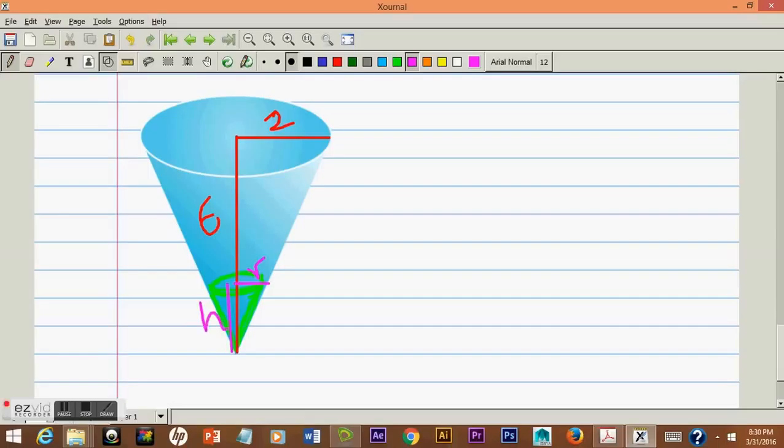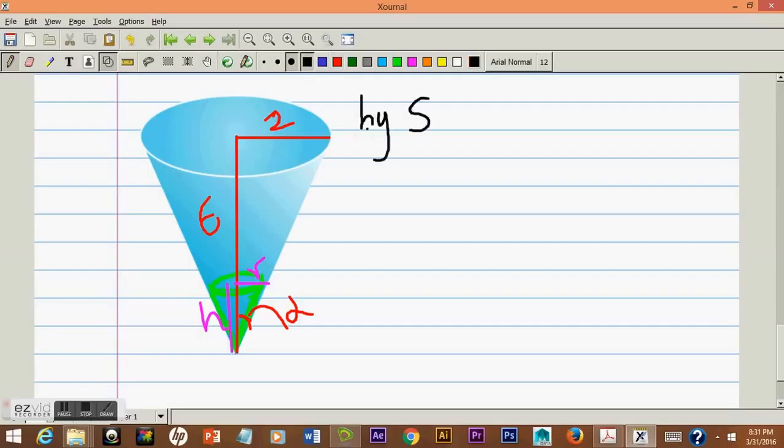So we have two triangles, so we have to apply the similar triangle principle. We take the semi-vertical angle of this cone as alpha. So we can apply the similar triangle principle.